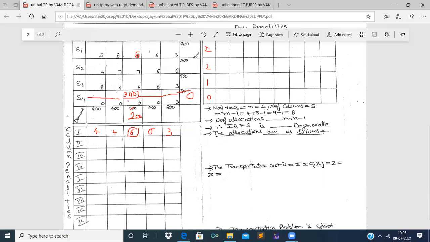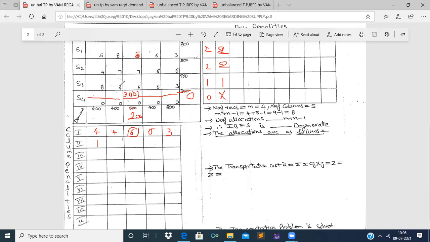Now, let us go for finding the next penalties. The first row penalty is again 2, right? Why? Because there is no change in row cost. The second row penalty is also 2. The third row penalty is also 1. There is no need of finding the fourth row penalty. The first column penalty, 5 minus 4 is 1, right?